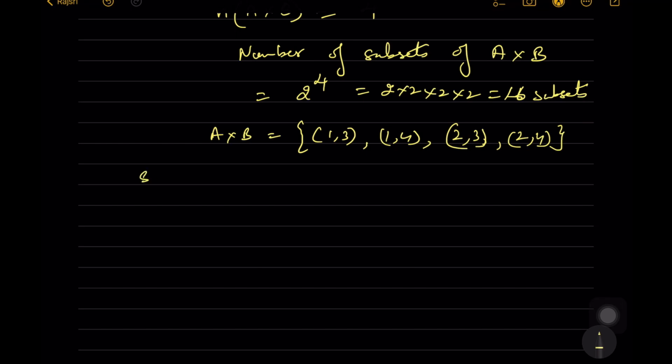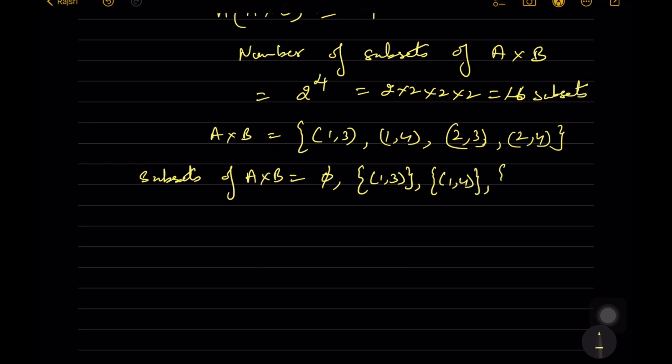So subsets of A cross B are: first we can write the empty set, then in braces only the set which consists of the first one, (1,3), then only (1,4), then only (2,3), then only (2,4).